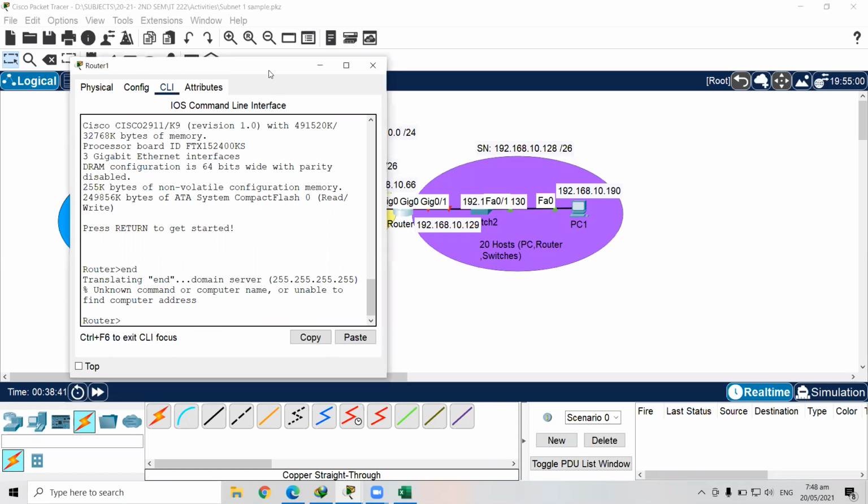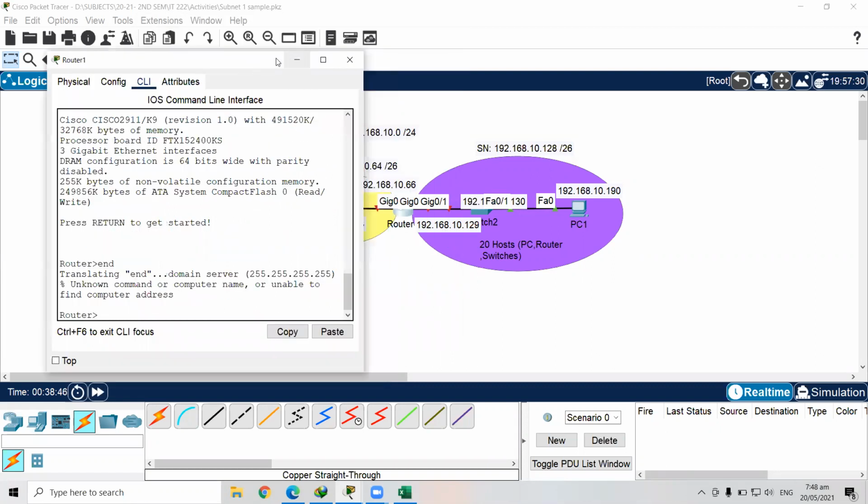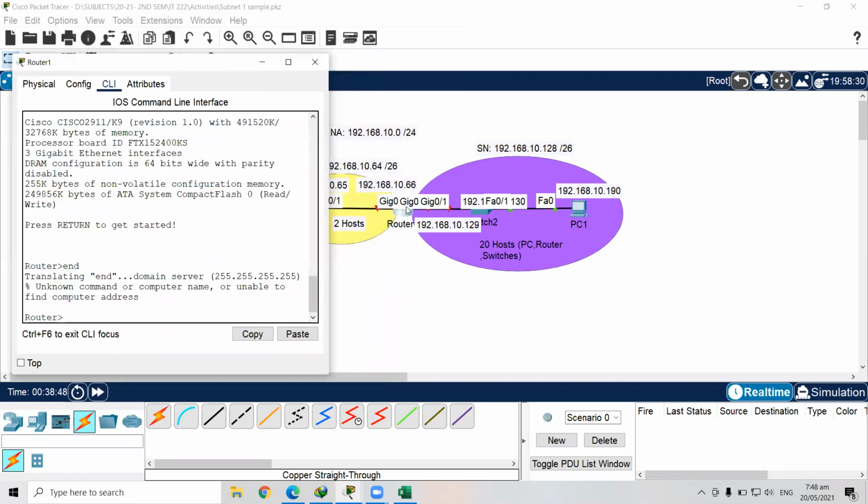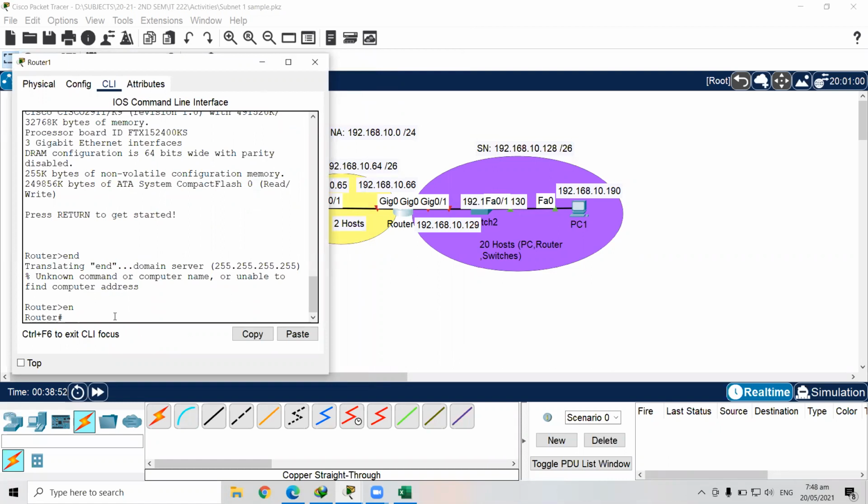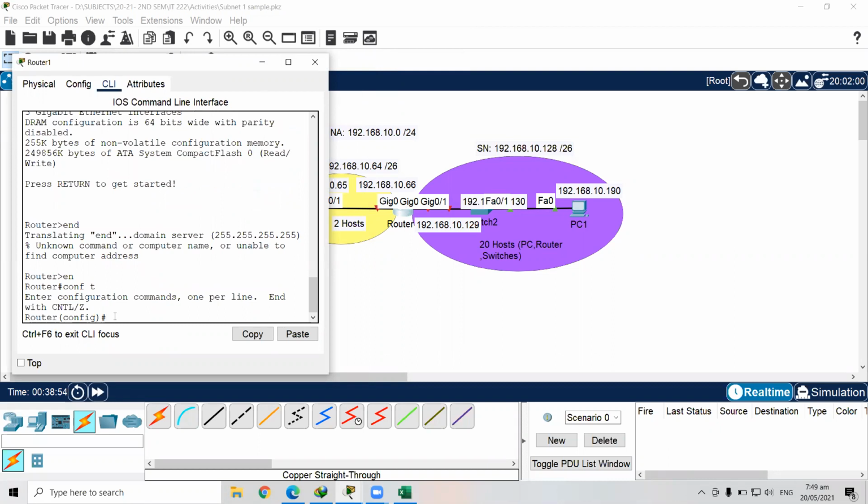Matagal mag-load. So balikan natin. Interface gigabit 0/0.